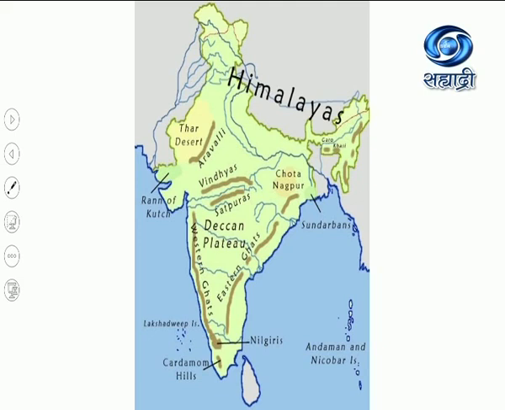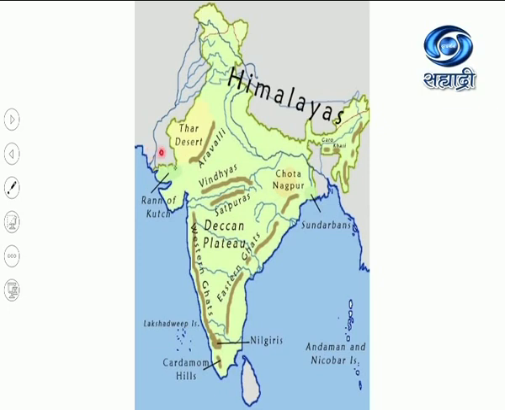In winters, the temperatures drop down to minus 40 degrees Celsius in the Jammu and Kashmir region. And here the altitudes are also very high. The diversity in climatic conditions of India is due to the latitudinal location and the altitude of the place.